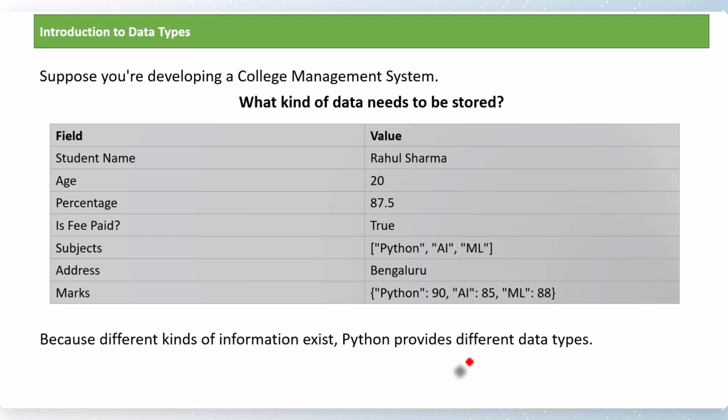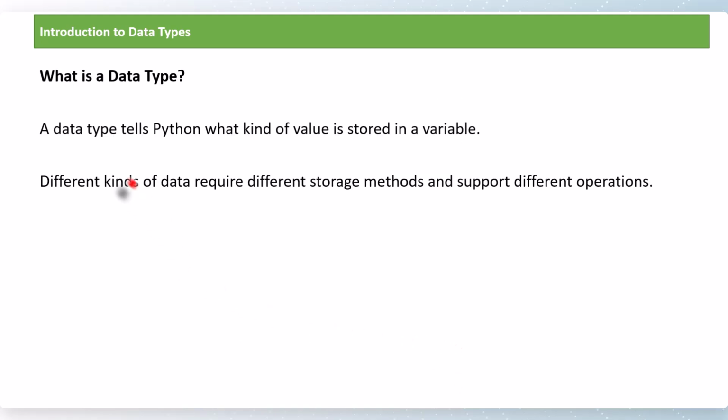Python is going to provide multiple data types for this. What is a data type here? A data type tells Python what kind of value is stored in a variable. Very important definition. A data type tells Python what kind of value is stored in a variable.